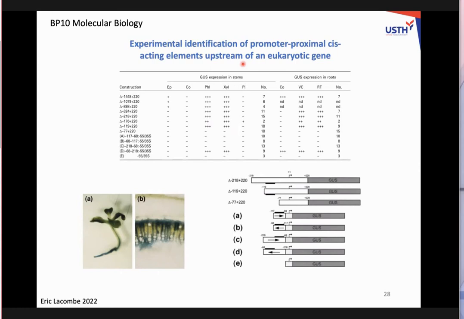So this gene is called CCR. It's a gene that is coding for an enzyme that is implicated in the biosynthesis of lignin. Okay, that's all you need to know.